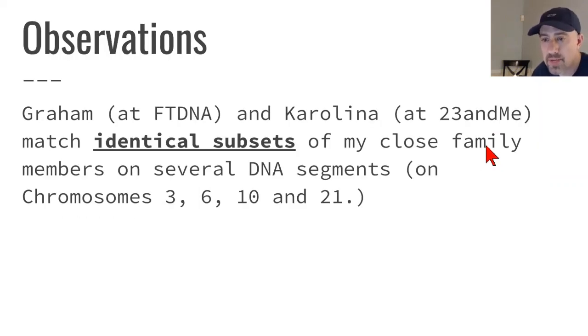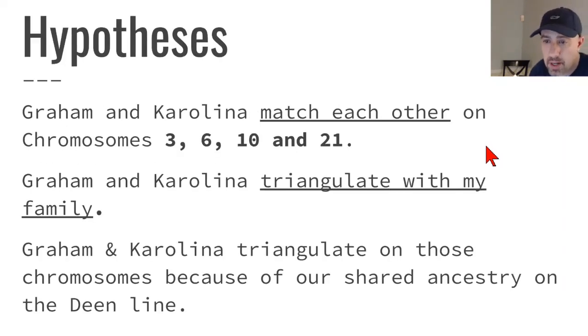Furthermore, we've made the observation that Graham at Family Tree DNA and Karolina at 23andMe match identical subsets of my close family members on several DNA segments, specifically on chromosome 3, chromosome 6, chromosome 10, and chromosome 21. So we can hypothesize that Graham and Karolina match each other on chromosome 3, on chromosome 6, on chromosome 10, and on chromosome 21.